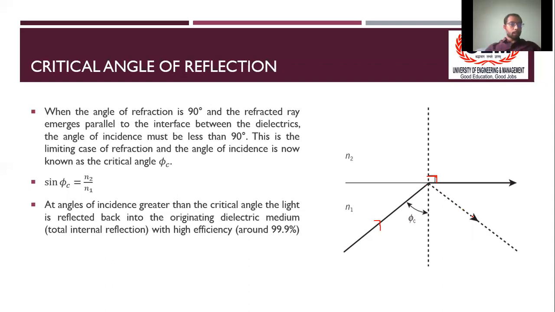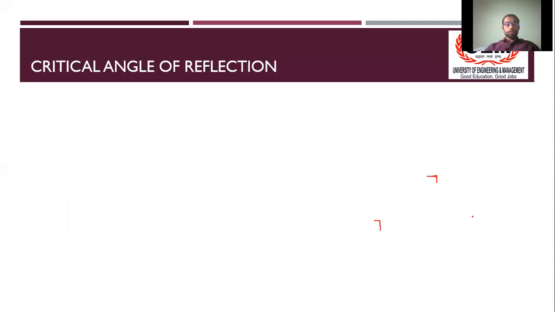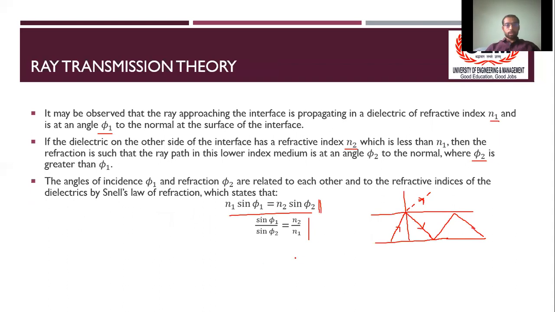Now, how is this happening? If you go back to this equation, the angle of refraction is given by phi 2. If sine phi 2 becomes 90 degrees, then since sine 90 degrees is 1, this becomes sine phi 1 equals n2 by n1, and we can achieve total internal reflection, or complete reflection back.